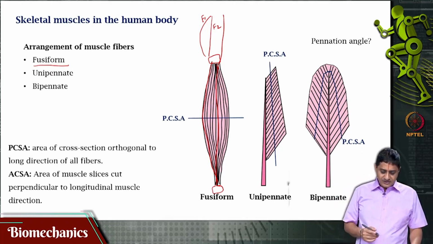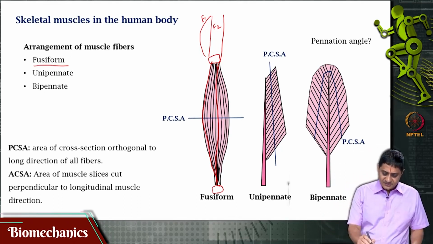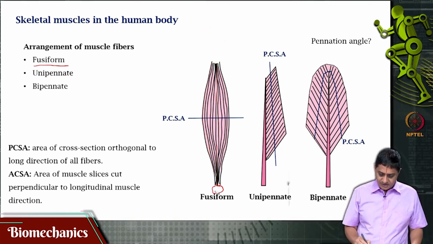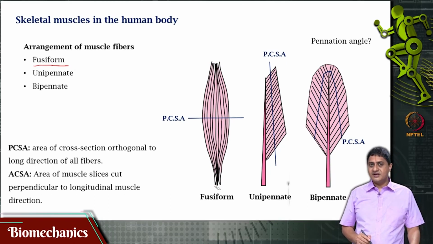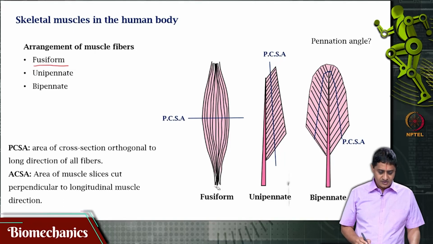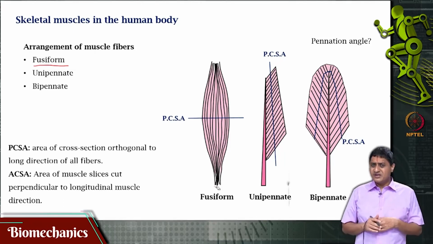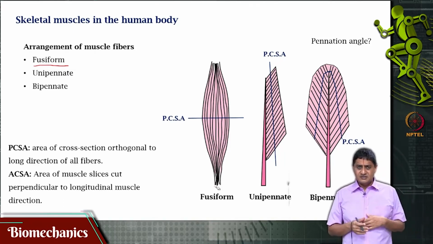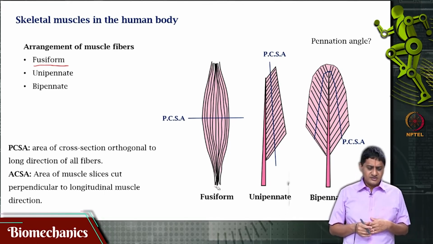Now let us assume there is this spindle shaped muscle, and I am interested in finding the cross sectional area. In general, when you say cross sectional area of a muscle, you would take the muscle and make a section.